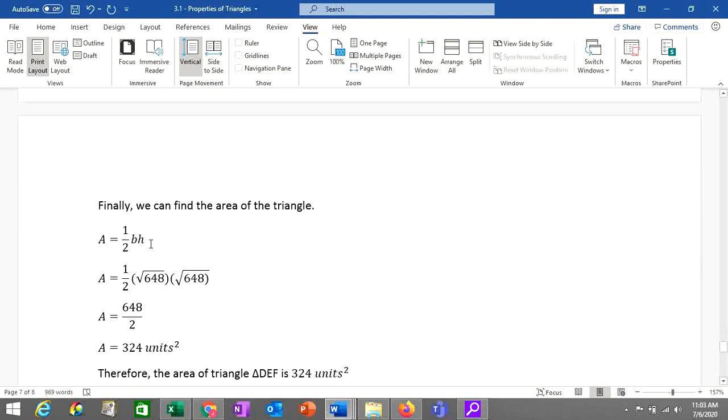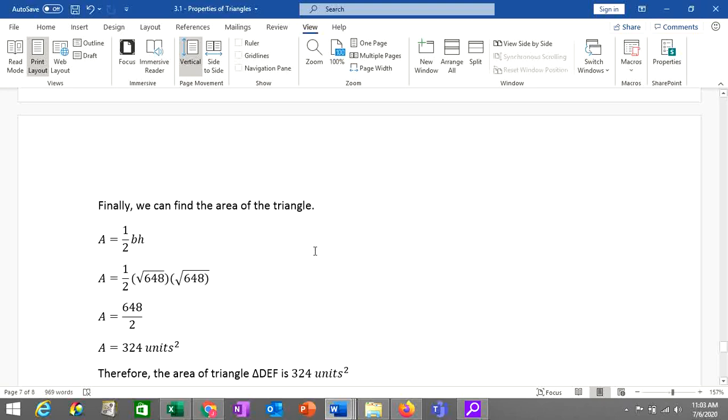And now I can find my area, half of base times height. So I know my base is root 648. I know my height is also root 648. Remember that when you're multiplying a square root by itself, the square root just disappears. Think about the square root of 4, right? Square root of 4 is 2.